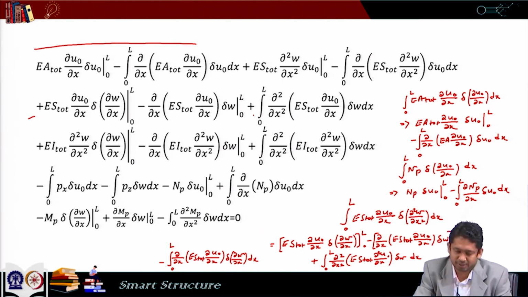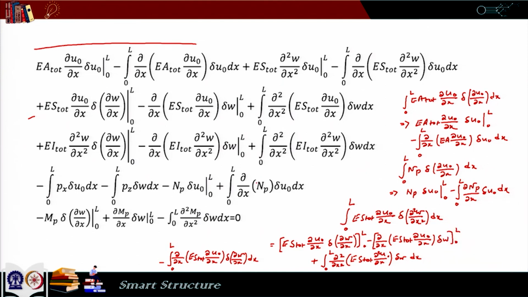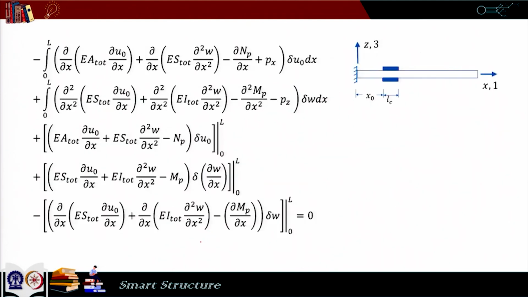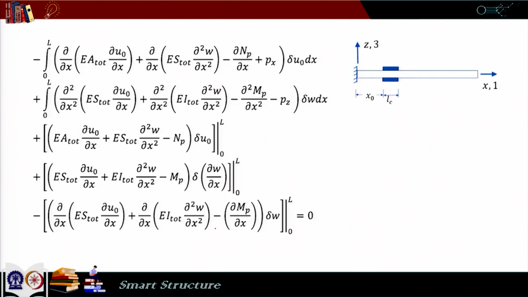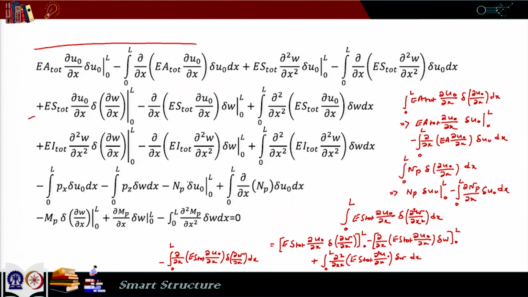Accordingly, we can find out the rest of the terms by doing the integration by parts, and we get this entire expression. Now, if we look at this entire expression, we can see that the variations are in del u 0, w, and del w by del x, and that is all.